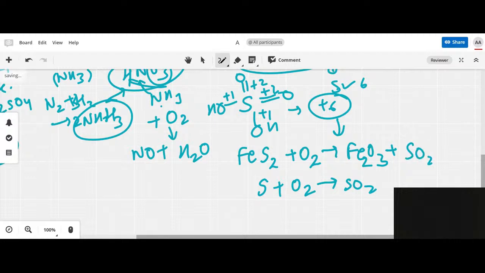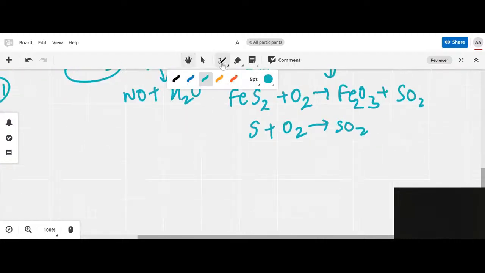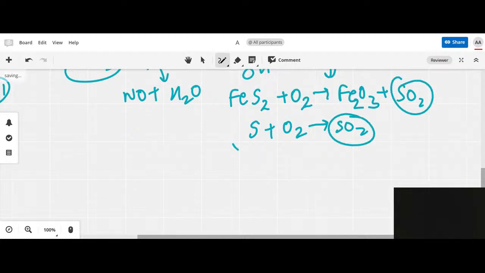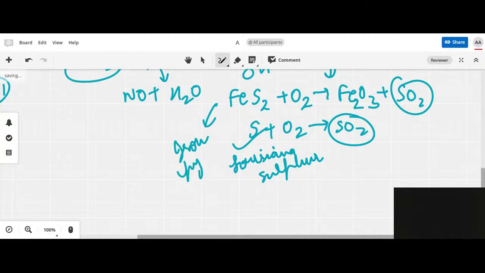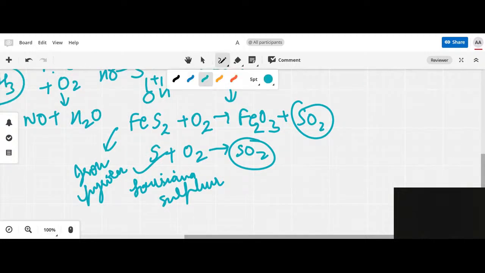You can balance the equation on your own. Or you can just take sulfur and burn it to get SO2. So we need this SO2: either you use sulfur or you use iron pyrites. Our ultimate aim is SO2.